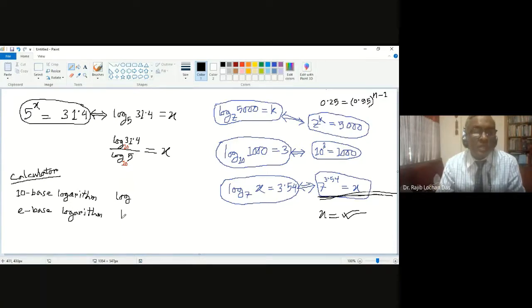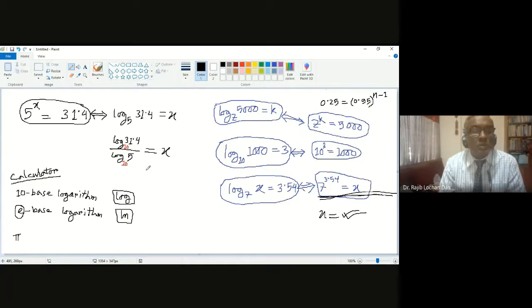It is 2.71 something, like pi, and it is the base of the logarithm called ln. So in your calculator there are two buttons, one is log, one is ln. It is not I, it is ln.